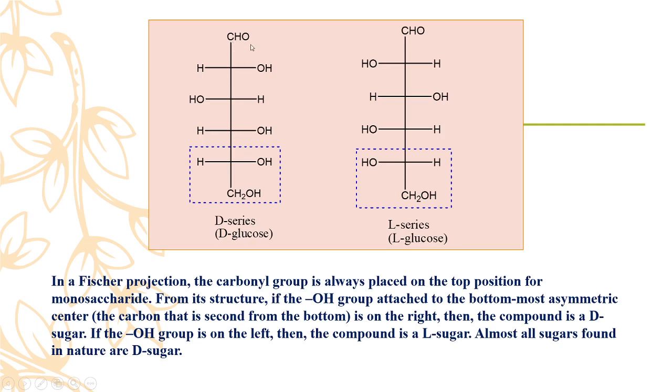From its structure, if the OH group attached to the bottommost asymmetric center, the last asymmetric carbon, is on the right hand side, then the compound is a D sugar, and if this OH group is on the left hand side, then the compound is an L sugar.